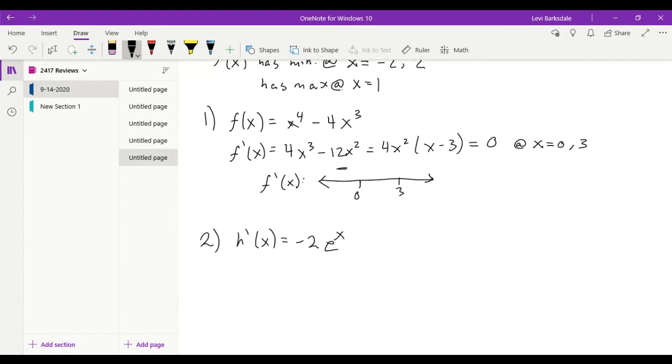If you plug in something smaller than 3, but bigger than 0, this would still be negative, and this will be positive. So positive times a negative, still a negative, and if we plug in something bigger than 3, all our terms are positive, so we're left with something positive. If we actually drew out a visual representation of the tangent line, we've got negative, negative, positive.